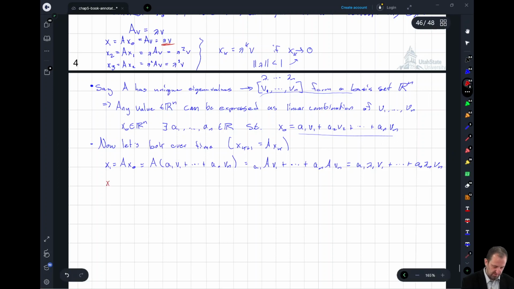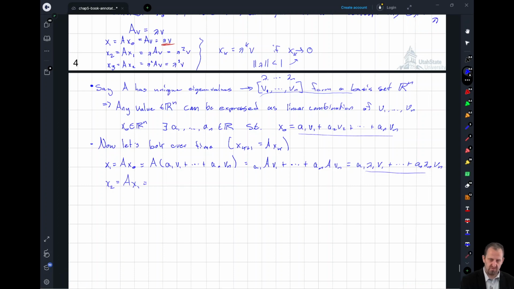Let's do another couple. So we have x2 equal to A x1, and we now know what x1 is. I'm going to pull all of the scalars out front.